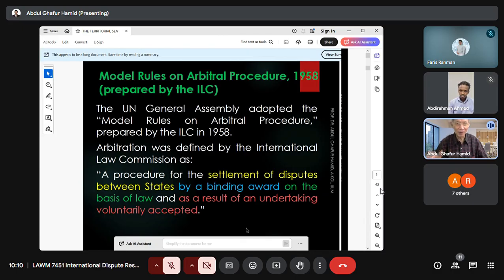For the basis of law, the arbitrators apply law. And as a result of an undertaking voluntarily accepted, the basis of arbitration is the consent of both parties. So these are the elements of interstate arbitration, and this is the official definition of interstate arbitration as laid down by the International Law Commission.